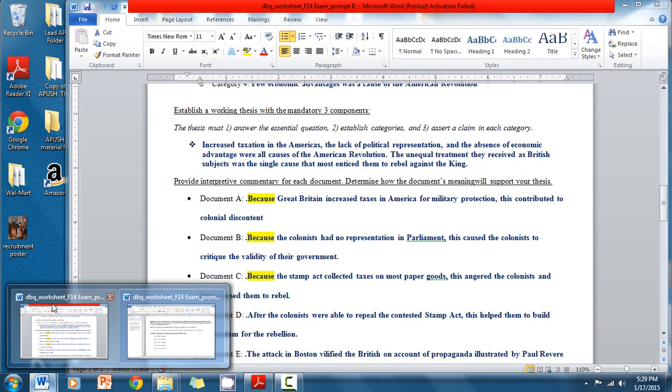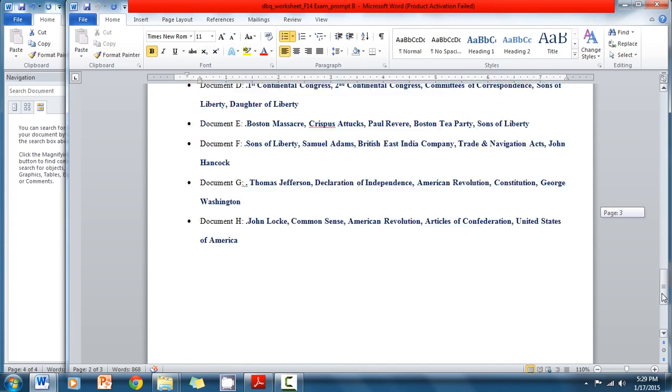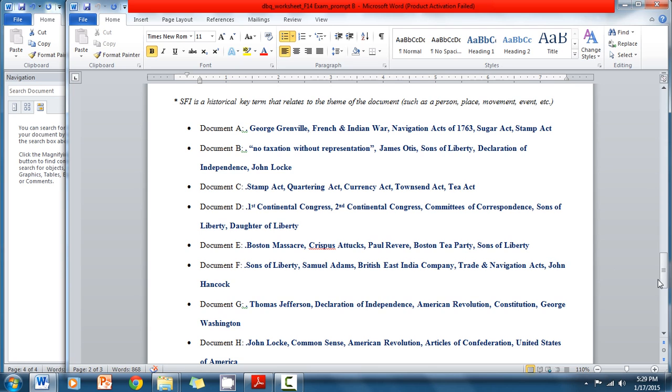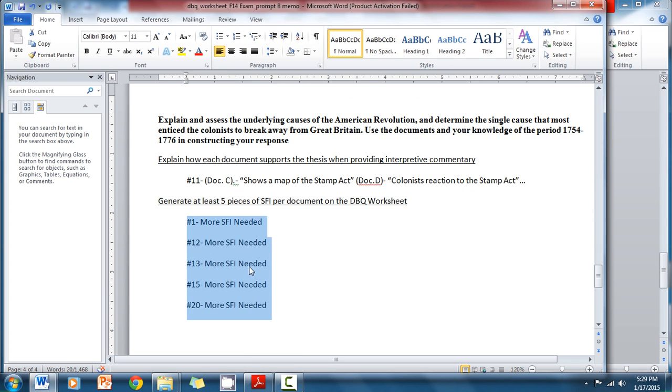Look at the DBQ worksheet sample if you need an example of how it works. The whole point is just to get you brainstorming and to get you to think about the various other historical events that you can weave in when you're analyzing each document. All right, that's it.